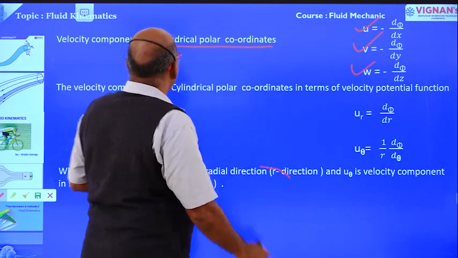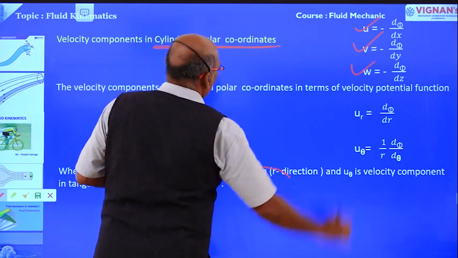Now we are going to determine the velocity components in cylindrical coordinates.